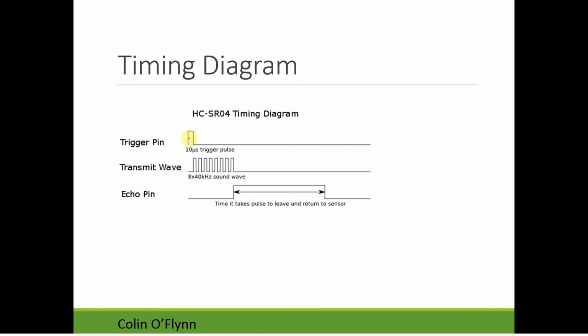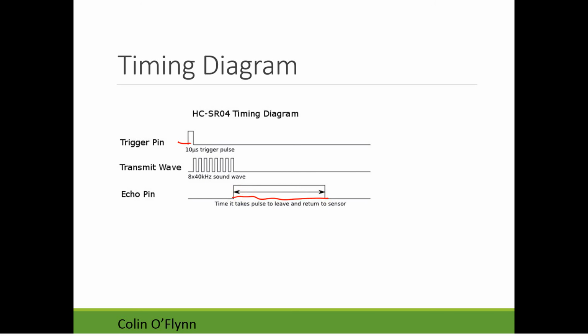So when you set the trigger pin high for 10 microseconds, it'll transmit those pulses. You don't see that, that's just going over the transducer. And then the echo pin goes high for however long it takes a pulse to be transmitted, hit an object, and bounce back to you.